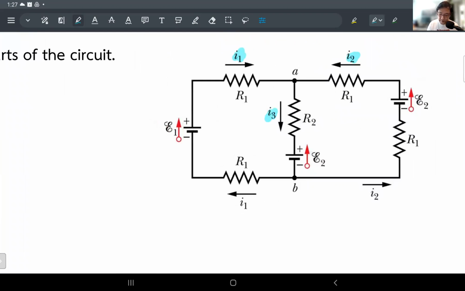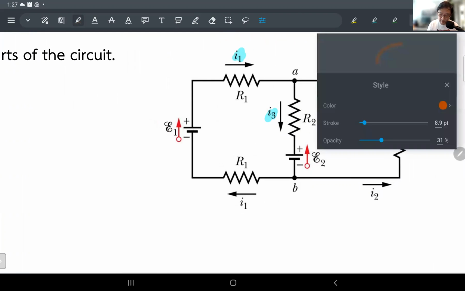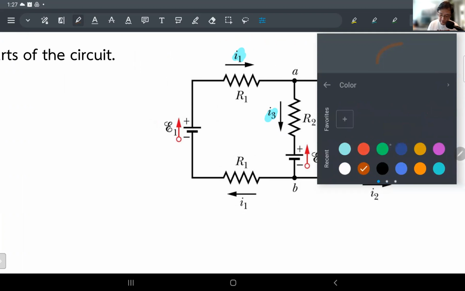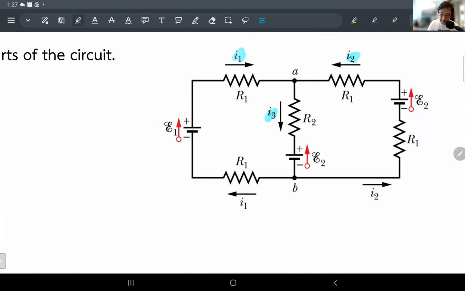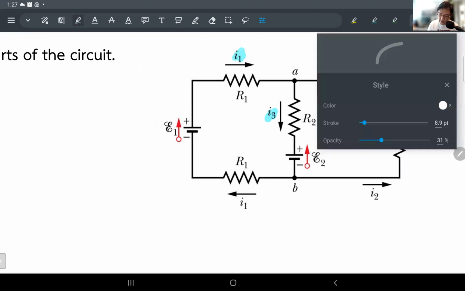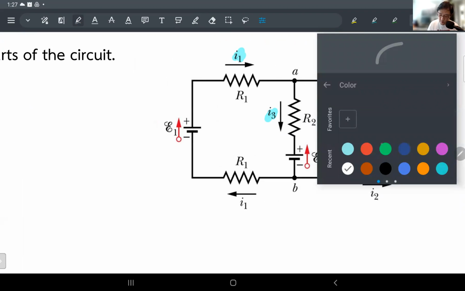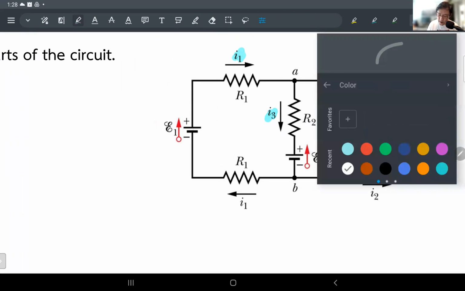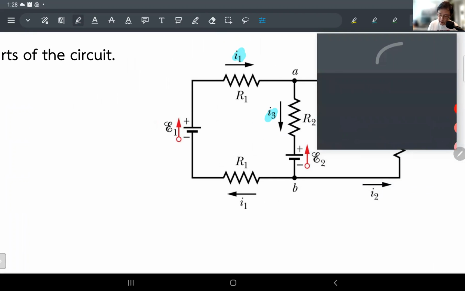First thing first, you might not even have the current defined. Oh, why is it not white? White. I want white. Okay, white. What happened? Sorry. I want the color white.